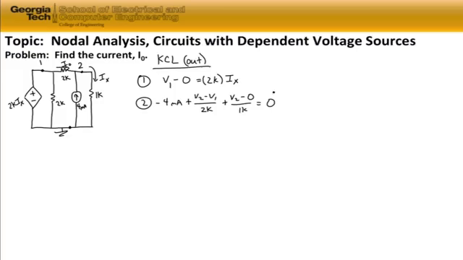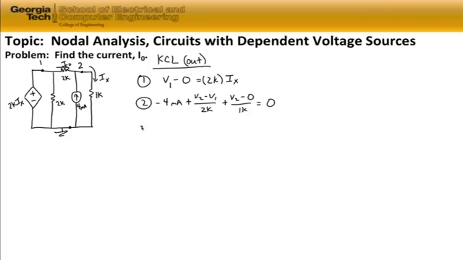So we have these two equations and two unknowns where we have V1 and V2 unknown, and if we look closely we also have the I sub x, which is part of our dependent voltage source. It's the controlling parameter for our dependent voltage source. So that adds our third unknown to our set of two equations. So we need one more equation which relates the controlling parameter I sub x to the nodal voltages.